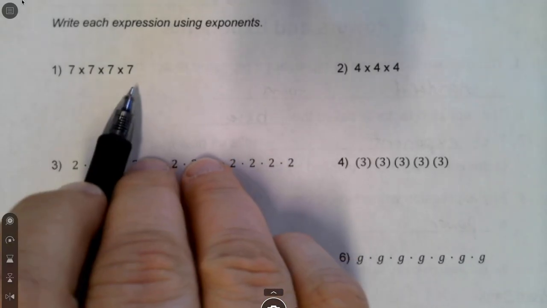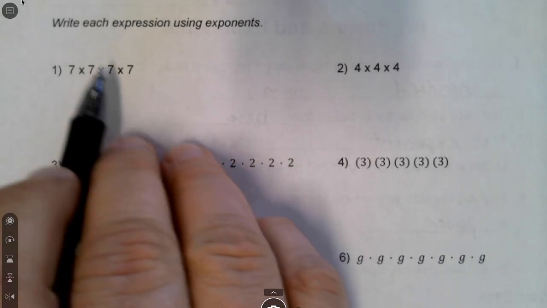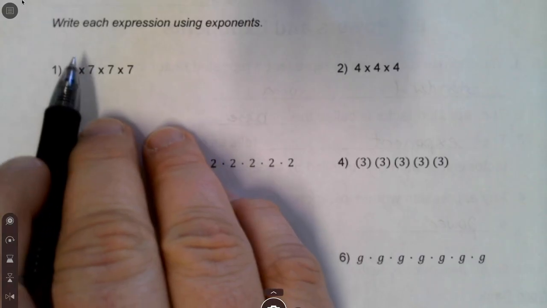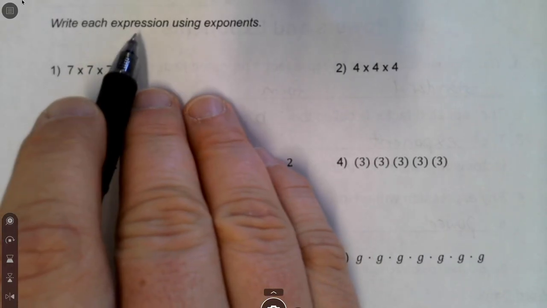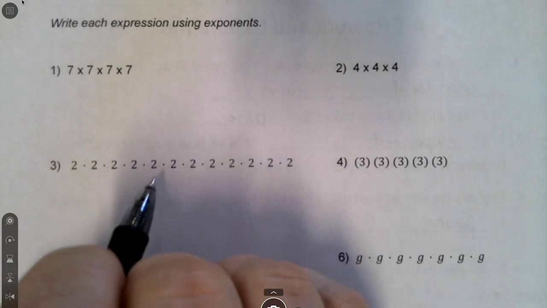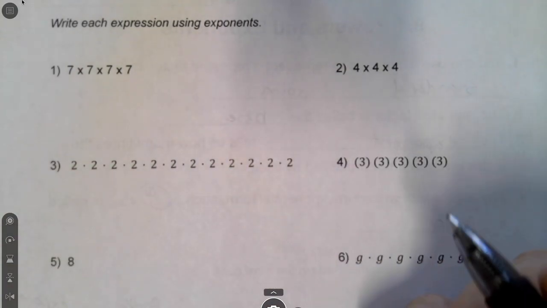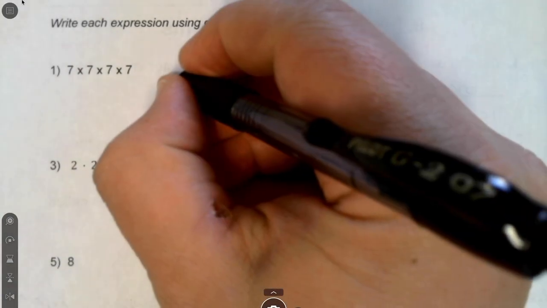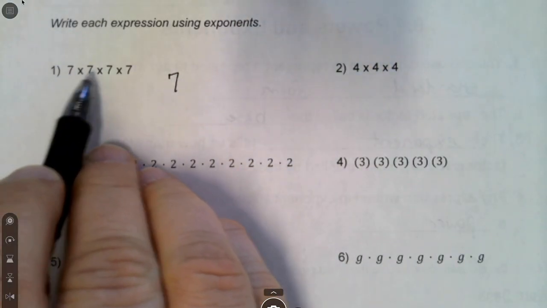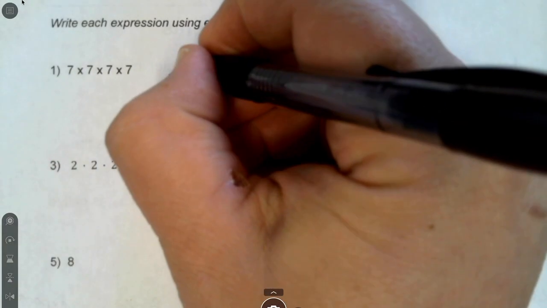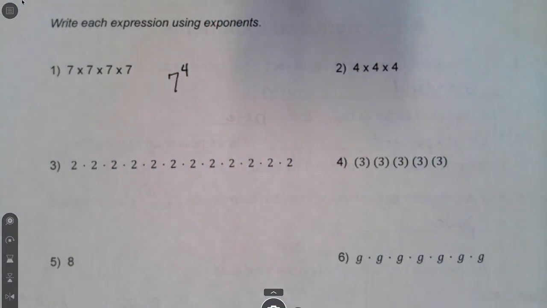Now you could type that in the calculator and find out what it's equal to, but that's not what it's asking. It does not say evaluate or solve. It says write each expression using exponents. So 7 is what's being multiplied over and over. That means our base is 7. We can count as we multiplied 1, 2, 3, 4 times, so we do it to the 4th power.